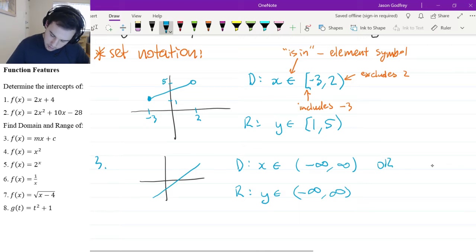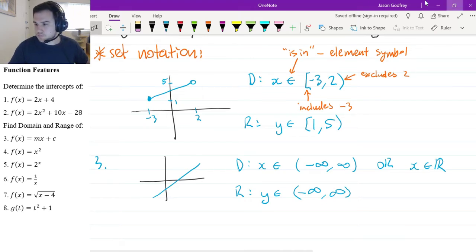So we could write both of these as x is in the real numbers. The real numbers symbol is an R with a double stem on the R. So this says x is in the real numbers, which means the exact same thing as from -infinity to infinity. Either one is fine to write.